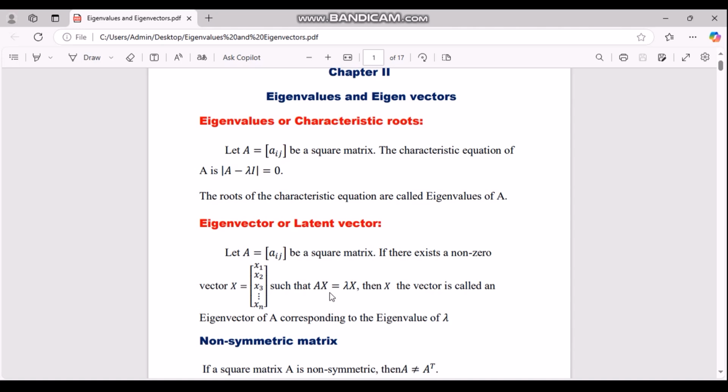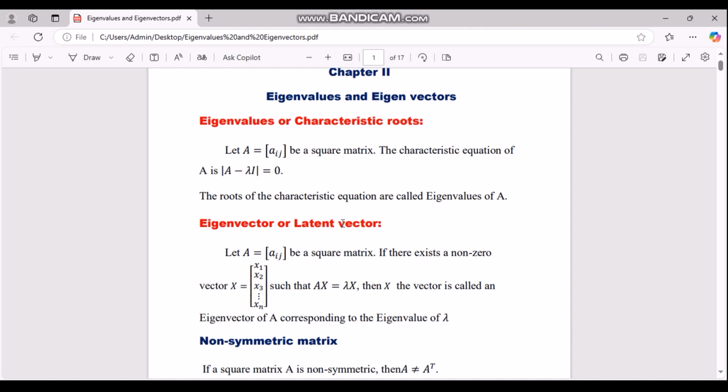So let us see this: Ax is equal to lambda x. On simplification, we get the expression Ax minus lambda x is equal to 0, and in that, determinant of A minus lambda I equal to 0 is called the characteristic equation. On solving this characteristic equation, we get some roots.